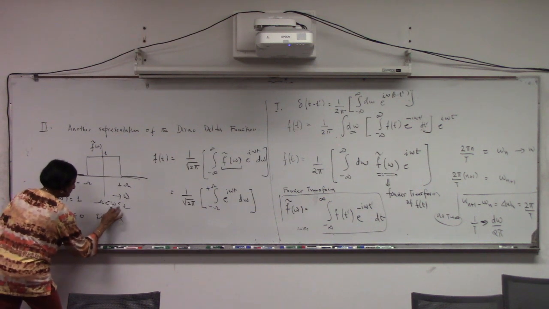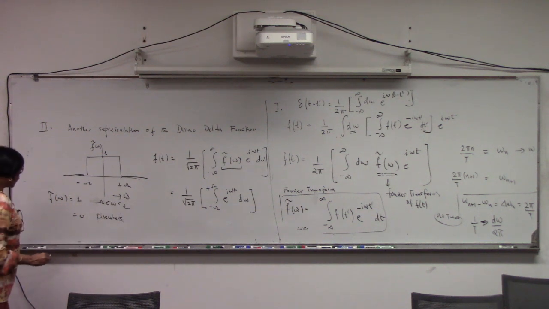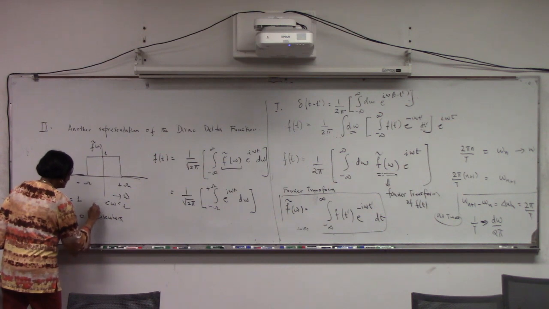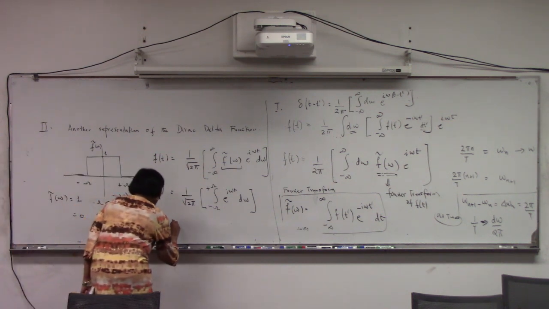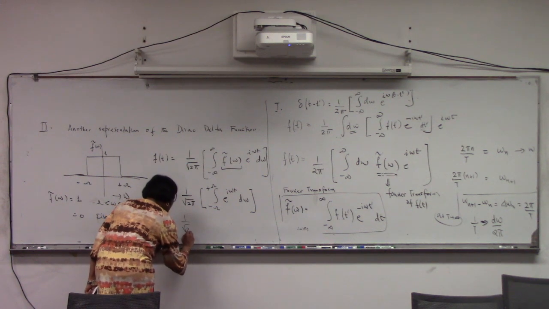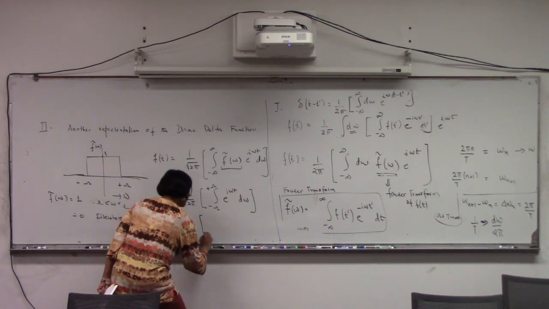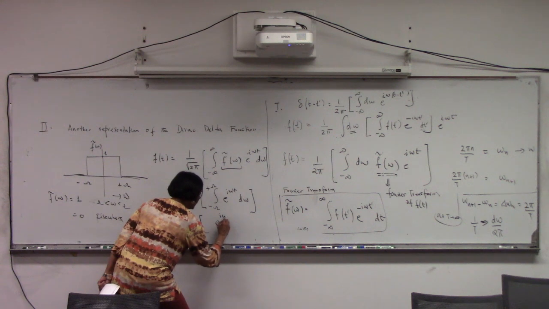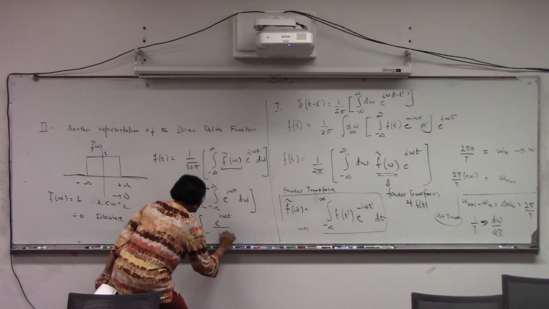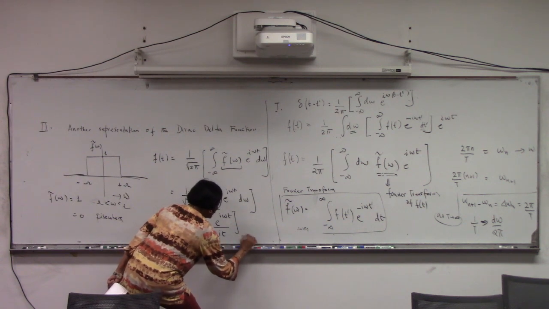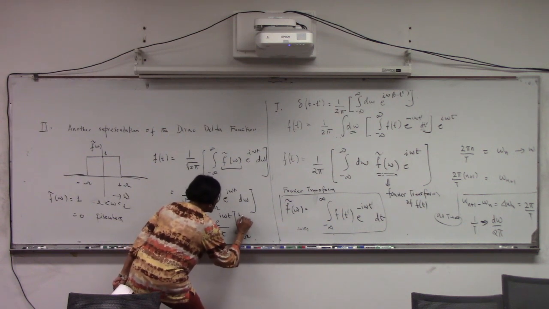Okay. So this looks like a function like this. Since the integration is over omega, I have i t in the denominator, evaluated from minus omega to plus omega.